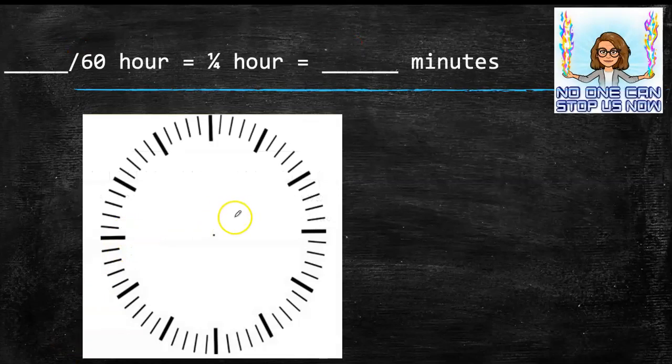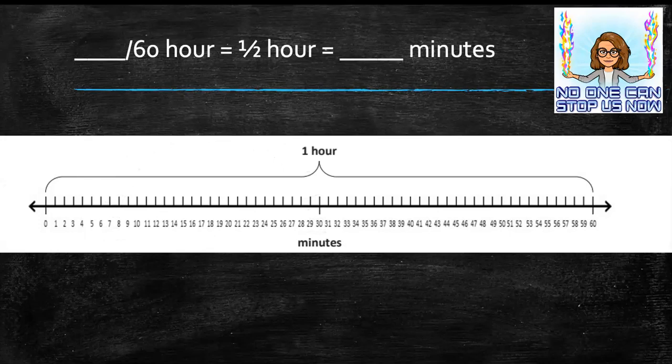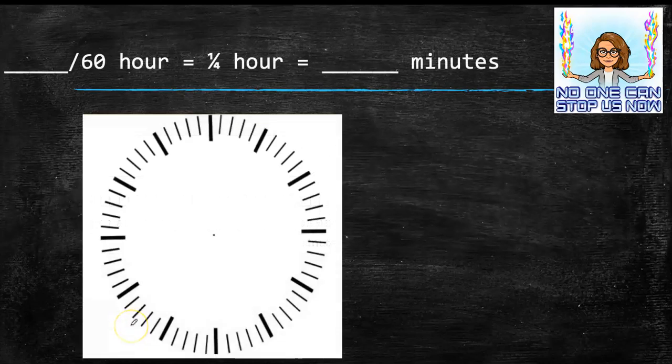All right. I want you guys to try this one. You can either use this or you can use this. I'm going to leave it on here like this for right now because you can see the 60-minute horizontal number line in your notebook if you have it written in there already, or your Learn book. I want you to tell me 1/4 of an hour.